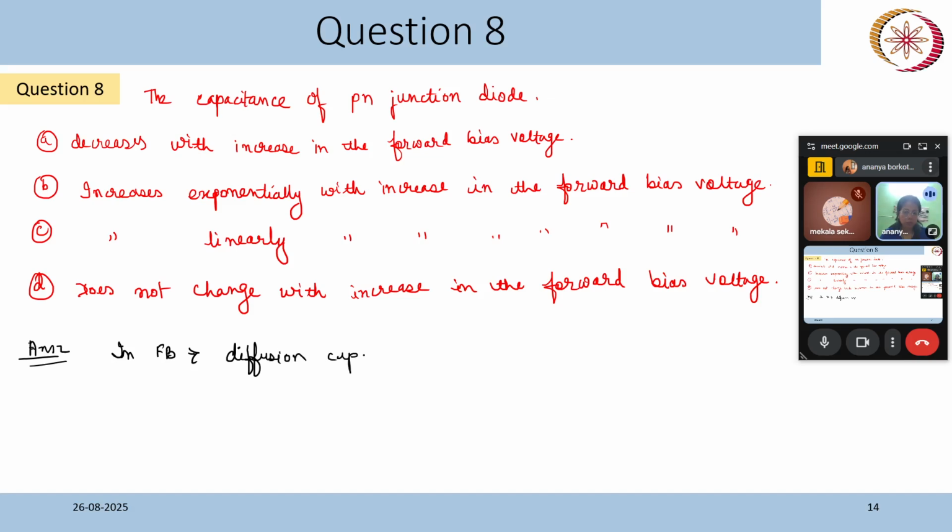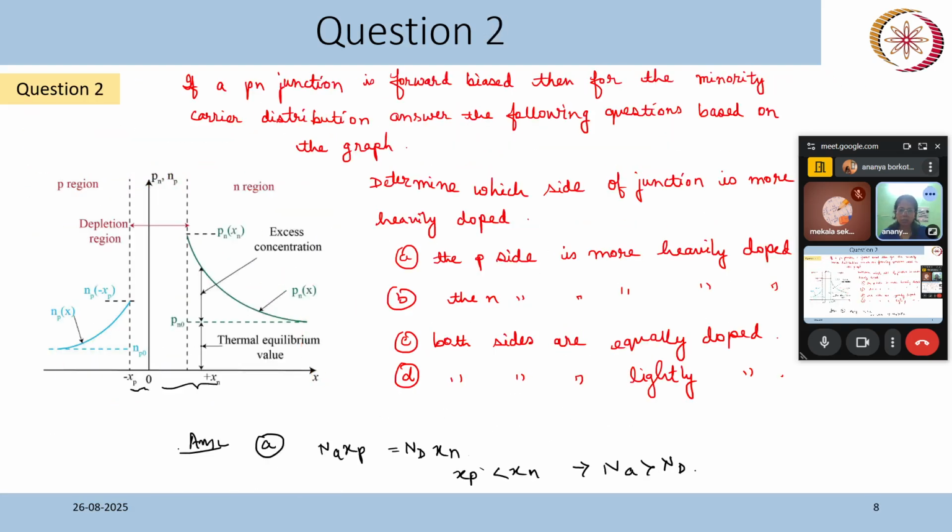We consider diffusion capacitance. How exactly? Let me tell you. Okay. So these excess carriers actually change with the forward bias voltage, right? Change in carrier with respect to bias. So that is the definition of this capacitance, right?